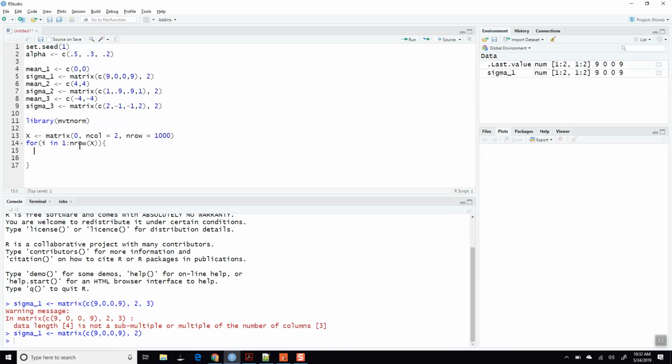So technically K is going to be sample 1 through 3 with probability equal to alpha.